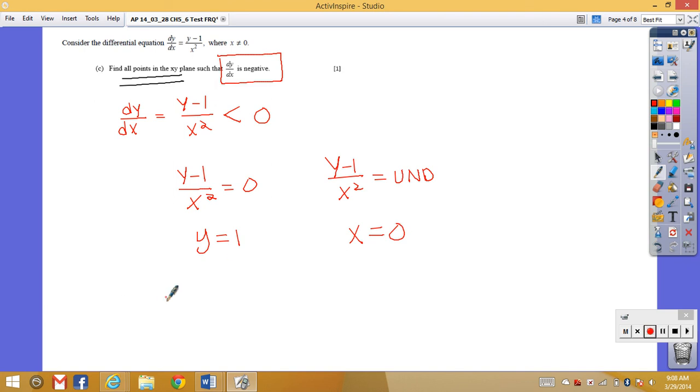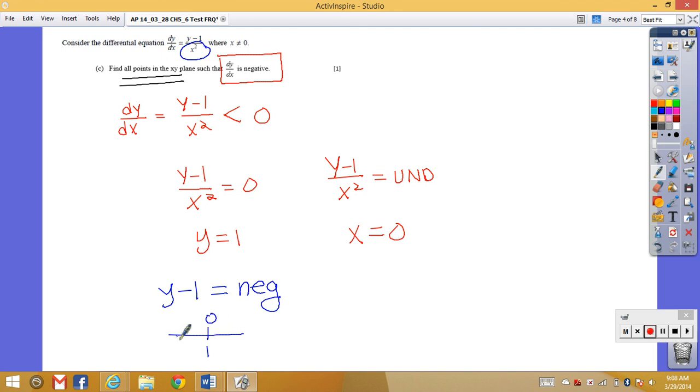Given that y is not equal to 1, if I look at the fraction, what I will notice is this piece of the derivative is always going to be positive, so the only way that I could create a negative is if y minus 1 is negative. So y minus 1 is negative when, if I was to do a sign chart for y minus 1, 1 would be here. If I put 1 into this, I get 0.